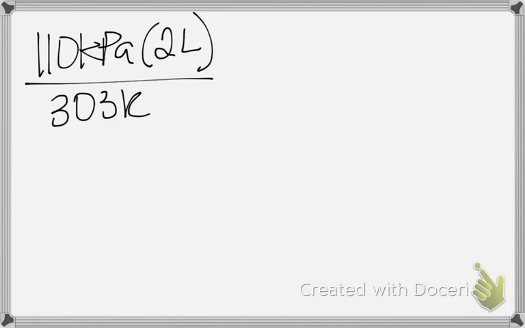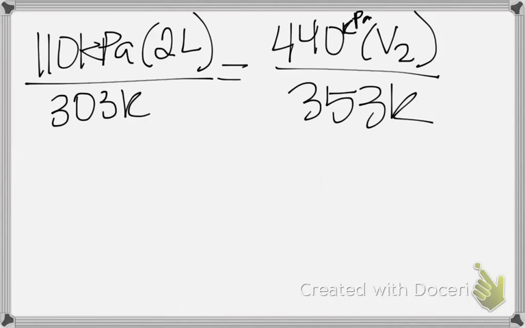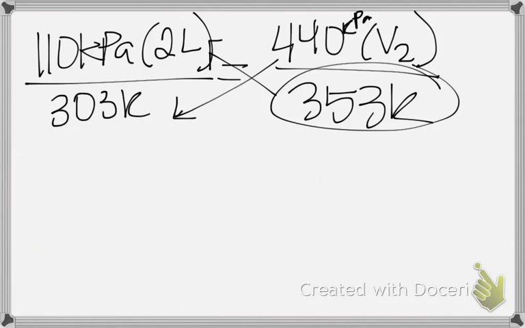So once I plug that in, 303 Kelvin is equal to 440 kilopascals, and I'm looking for my volume, over 353 Kelvin. So just like how you did before, you're going to cross multiply. It just might be a little bit crazier with the math. So how it should end up looking is 110, might look a little crowded too, times 2 liters.